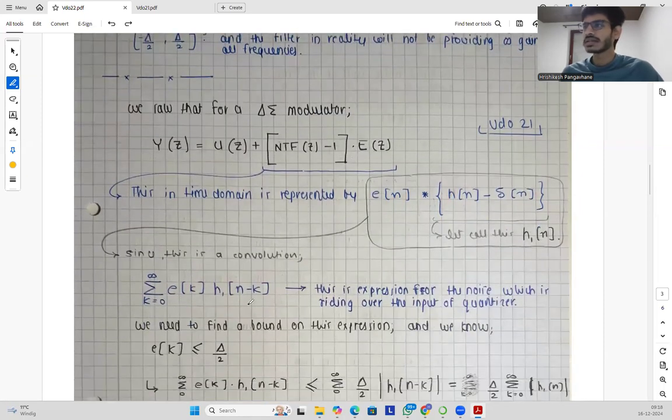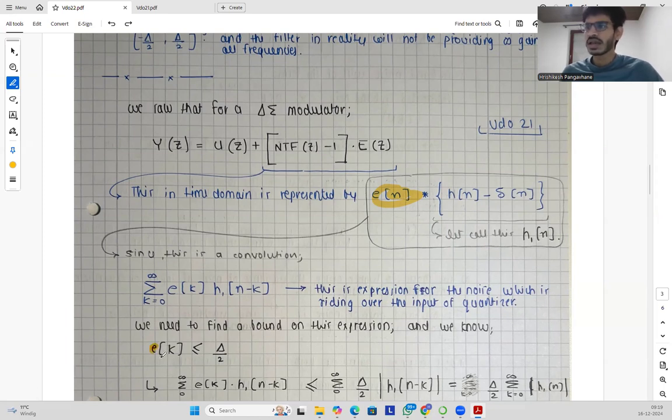Since this is a convolution, we can say that with k ranging from 0 to infinity, the sum of e of k times h1 of n minus k is how this is represented. This is the expression for the noise riding over the input of the quantizer, and we need to find the bound on this expression.